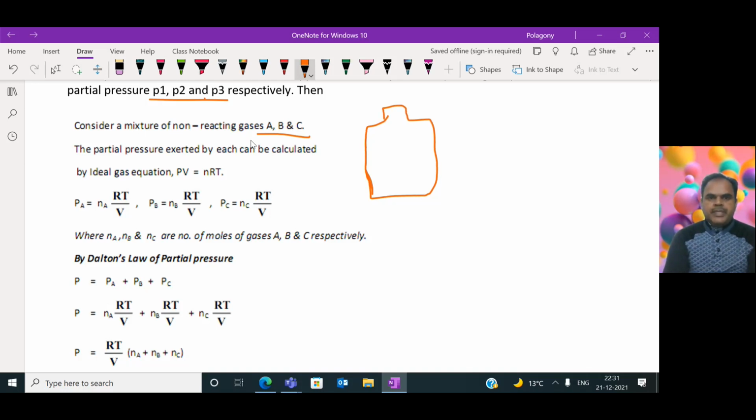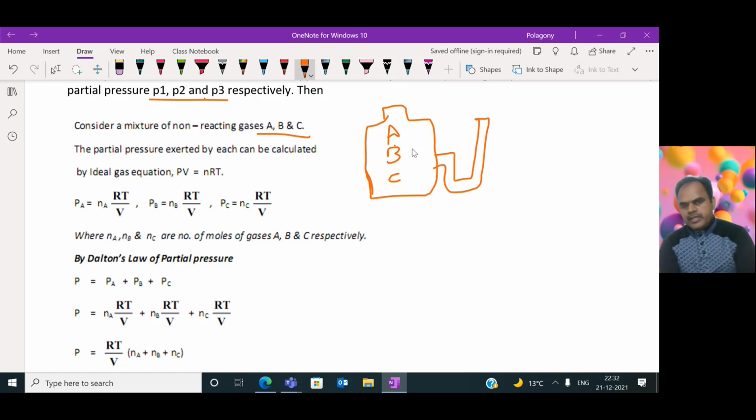Now the non-reactive mixture of gases A, B, C is present in a cylinder fitted with a manometer. In the cylinder, gas A is present, gas B is present, and the other one, C, is also present. A manometer is fixed here.